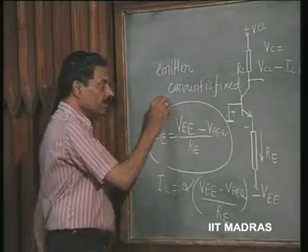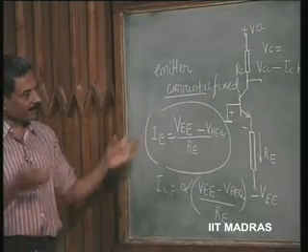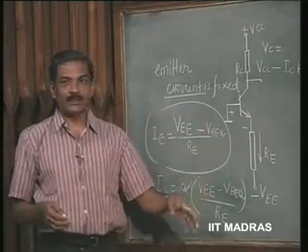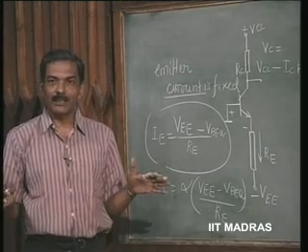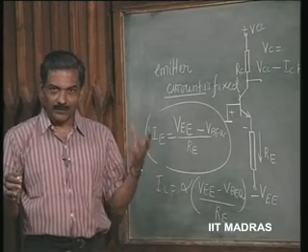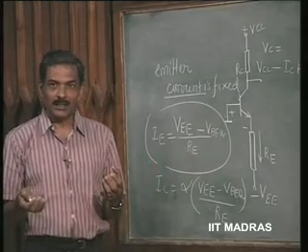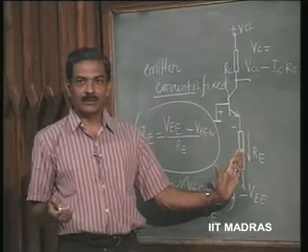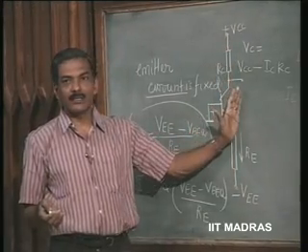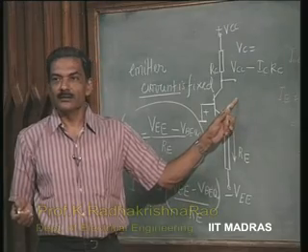So if you want the bias to be stable, why do you want the bias to be stable? Because whether it is this transistor with this value of beta or some other value of beta, I want the operating point to be in the active region of interest to me, not go to saturation or something like that. So if emitter current gets fixed as 1 milliampere, collector current is very nearly 1 milliampere, irrespective of the transistor I use.